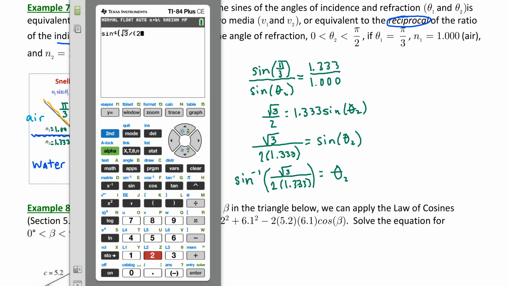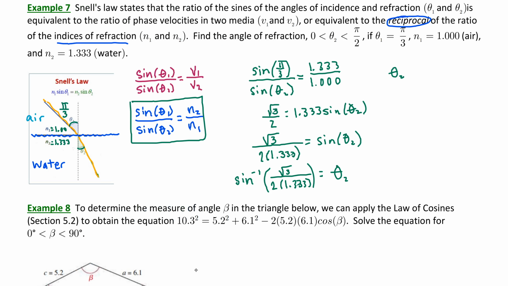So I need to group that in a set of parentheses in order to get my calculator to recognize that both of those factors are part of the denominator. So I'm going to close those parentheses, close the argument of sine, and we'll round to 3 decimal places. Theta sub 2 is approximately 0.707. And again, that's in radians.